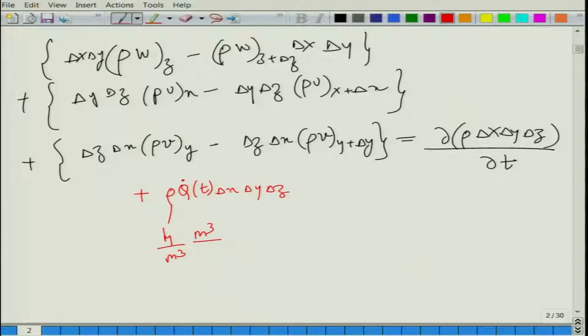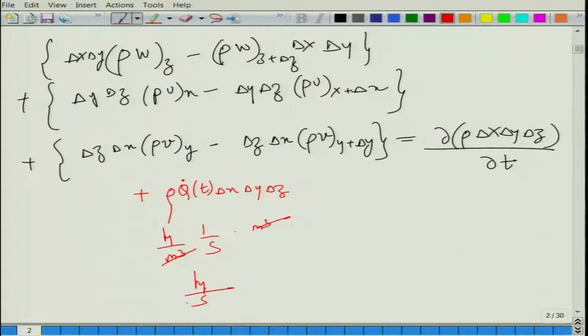You can consider this as flow rate. So, here you will have your kg per meter cube, but again we are defining this as flow distribution per unit volume. So, this will have a unit of per second only, and then you have this meter cube term. So, these things will get cancelled, and eventually what we will have is kg per second.